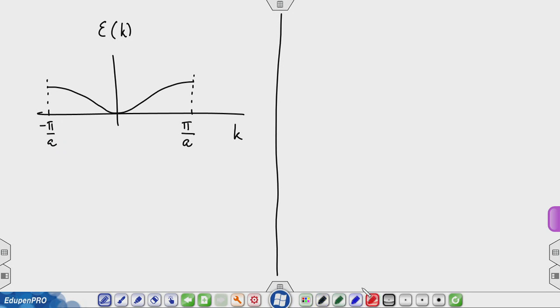Let me just quickly recall the free electron energy versus k curve, which looks something like this. So, in free electrons, if I have a wave vector k, then the momentum is h cross k.